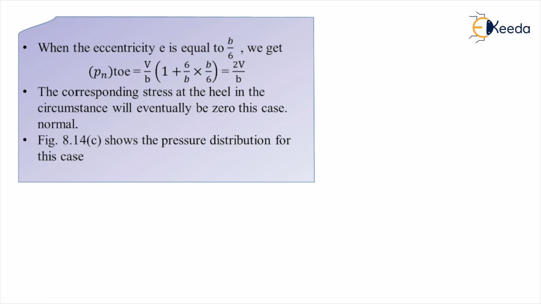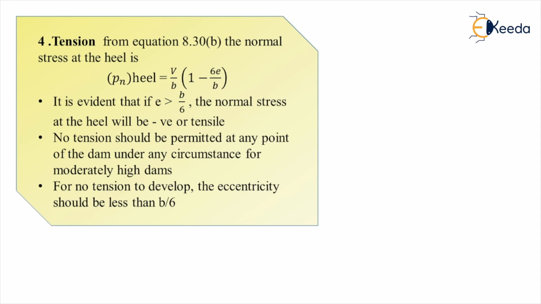We get the normal stress at the toe equal to twice the vertical forces divided by B. The corresponding stress at the heel in that circumstance will evidently be 0. So these are the conditions, and this is the method for finding the compression pressure or the normal pressure on the gravity dam.